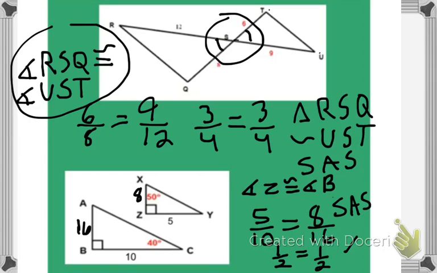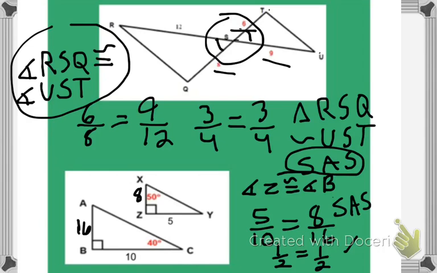So then we're going to look at the two sides, because we have an angle and two sides. So right here I got 6 and 8, 9 and 12. I simplified both of those and I end up with 3/4 and 3/4. So I got an angle and two sides, and so I have triangle RSQ is similar to UST, which satisfies the side angle side.